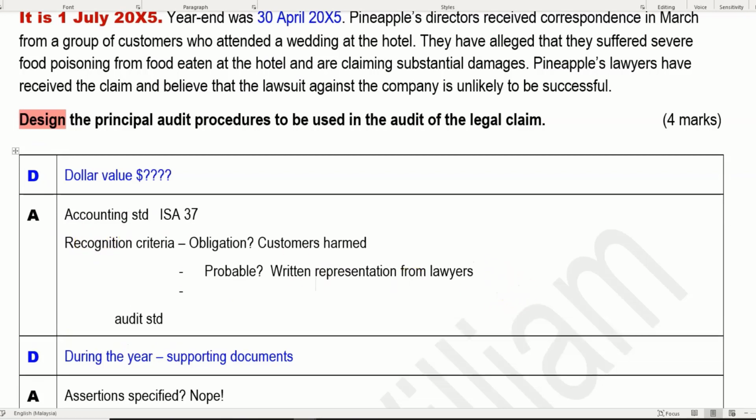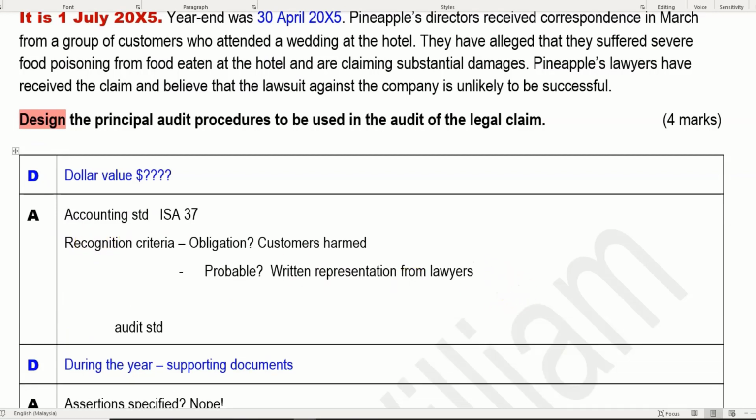Now we want to have a look at the measurement part of things. Measurement is to do with the dollar value aspect. In order to find out what the dollar value is, we could go and have a look at the correspondence from the customers who are bringing a case against the hotel.